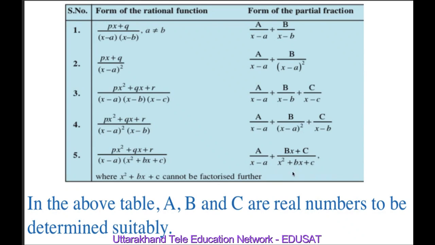And here this is the quadratic factor which cannot be factorized. If we can factorize it, then we can write it in the form of two linear factors, and in that case we will write like this. But if we cannot factorize this quadratic factor, then we write (Bx plus C) upon (x square plus bx plus c). Here all A, B and C are real numbers which we will determine according to our given question.